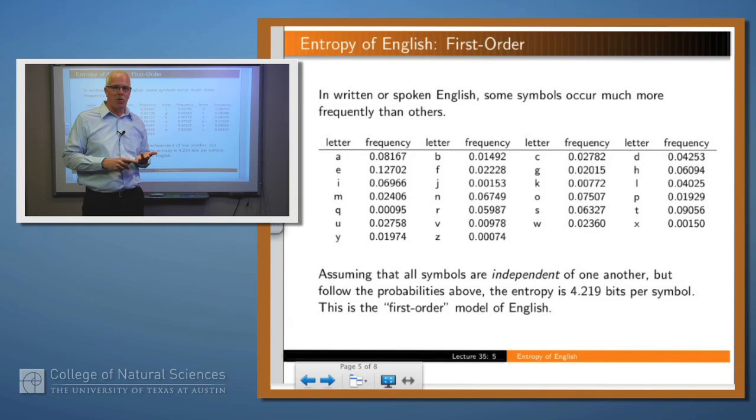Okay, so we've got the zero-order model and the first-order model. What do you think would be the second-order model? Well, it takes into account the likelihood that a particular letter will follow another letter. The zero-order model and the first-order model are what we call zero memory, because they assume that each letter is independent of the context. That clearly is false as well.